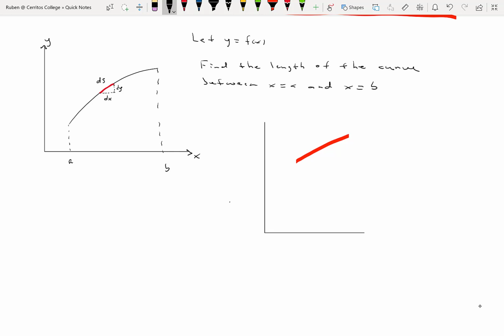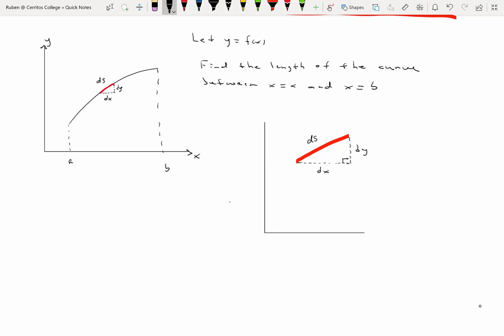Remember, ds is so small that the error involved in assuming it's linear is infinitely small, that is, 0. Here are the dimensions I pictured: the horizontal dimension dx and the corresponding dy. The differentials, d, indicate that we're looking at infinitely small quantities.